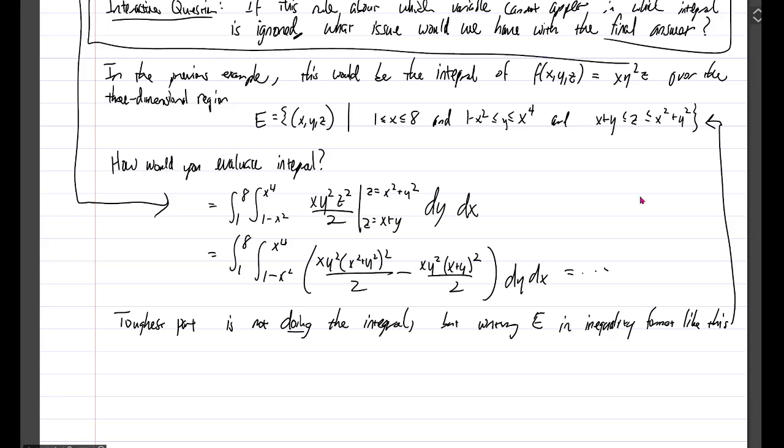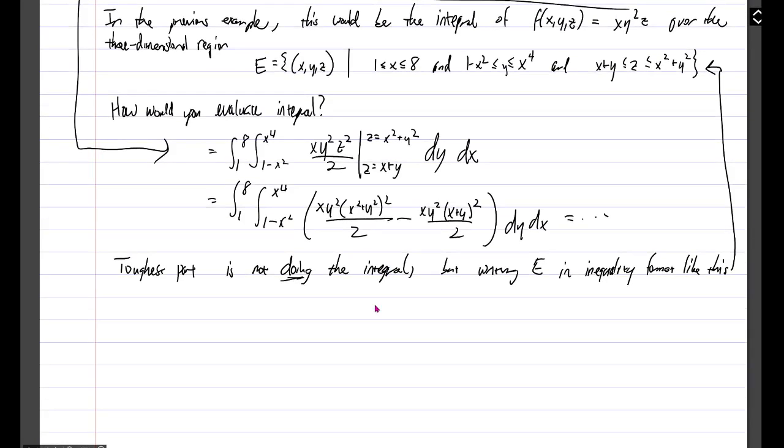Now, we'll say that typically the toughest part is not doing the integral, but sometimes it is. So if an integral is tough, if it seems difficult to do, well, then maybe switch the order. Switch the order of integration.